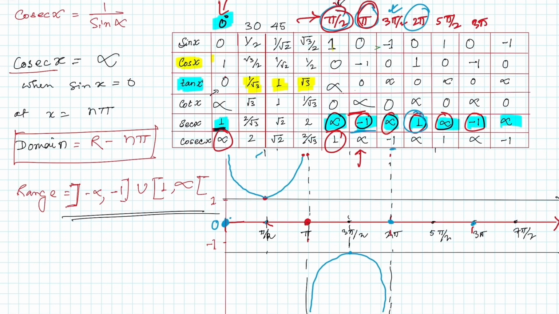So here we will get such kind of graph. Similarly we will get the rest, so that's how we can draw the graph of cosec x. I hope you have understood how to draw the graph of trigonometric functions.